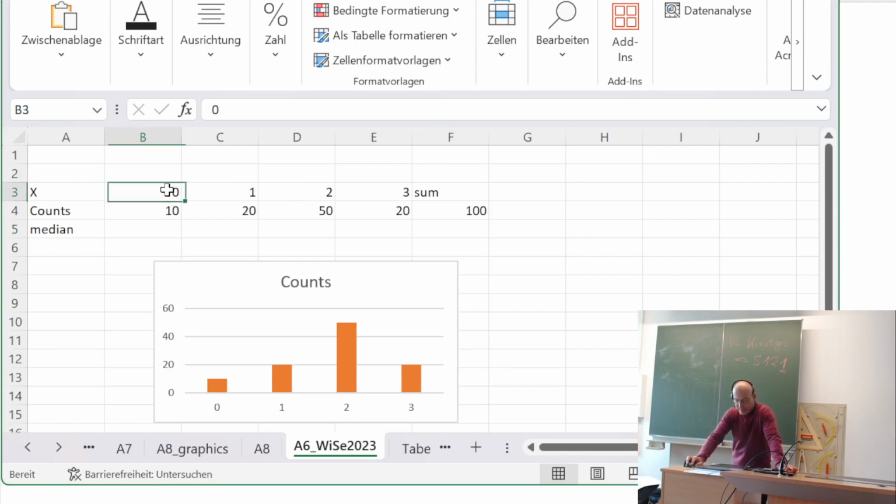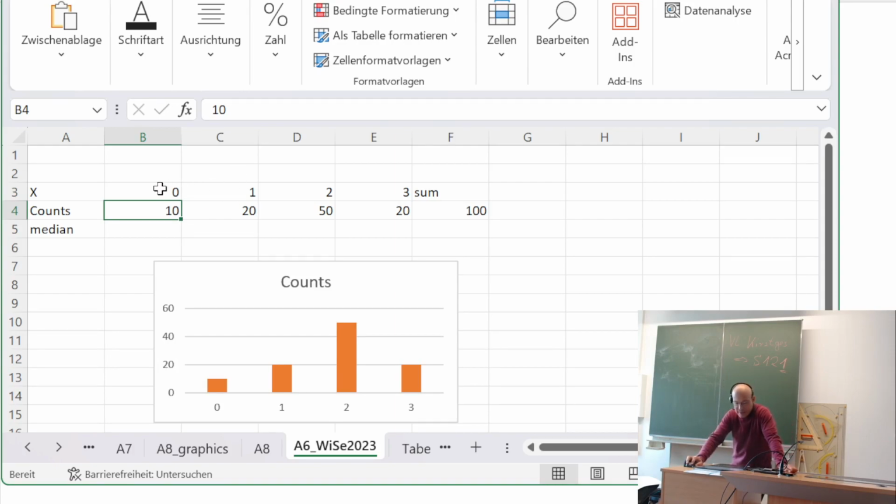Well, you have here x. So we have the numbers for our variable: 0, 1, 2, and 3. And please do not mix this up with the counts here. So we have 10 times chosen.